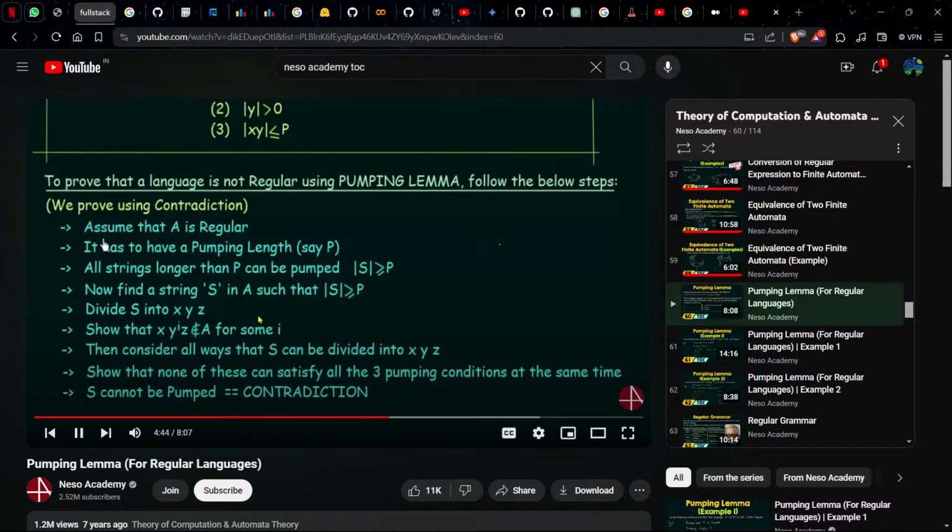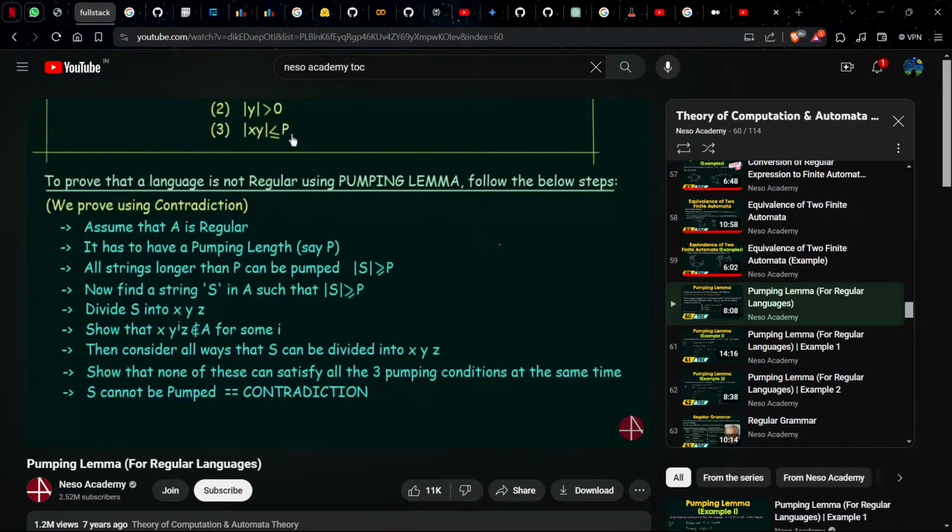For that, since it is going to be proved by contradiction, we first assume that A is regular. After we assume that A is regular, we already read in the statement of the pumping lemma that if A is regular, it has to have a pumping length. So let's say that it has a pumping length, and we call it P.